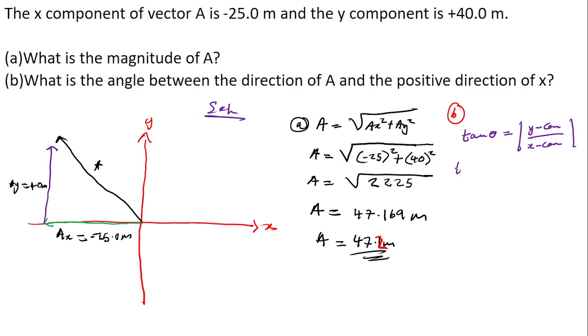Then tan theta is simply equal to the modulus, that can be 40 over 25. So theta is equal to, what is it giving you there? 57.99.